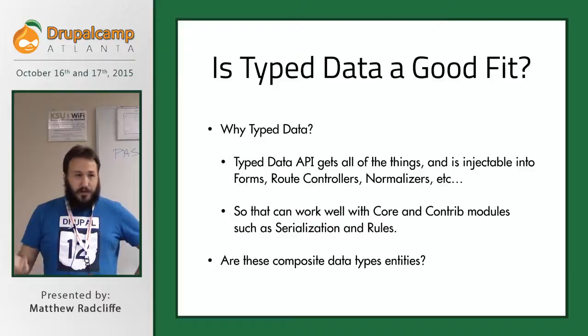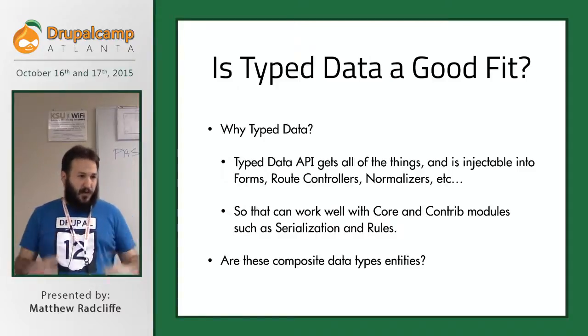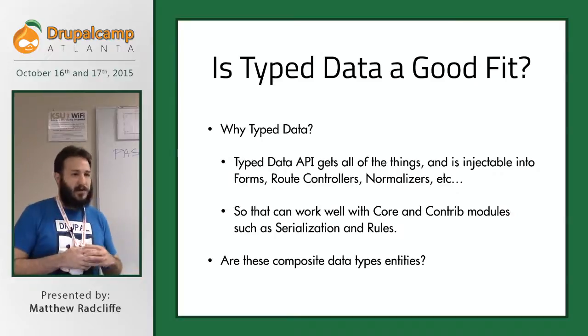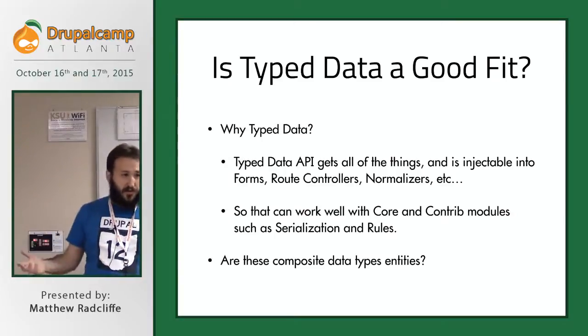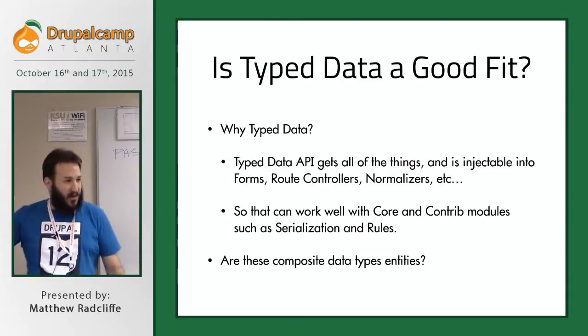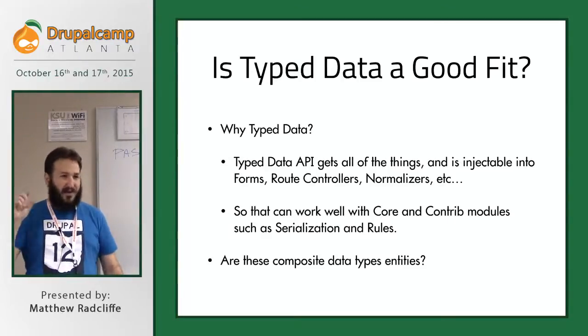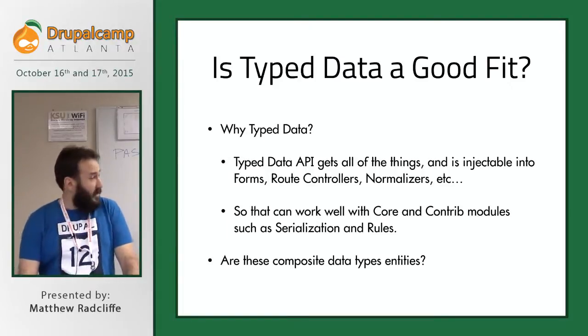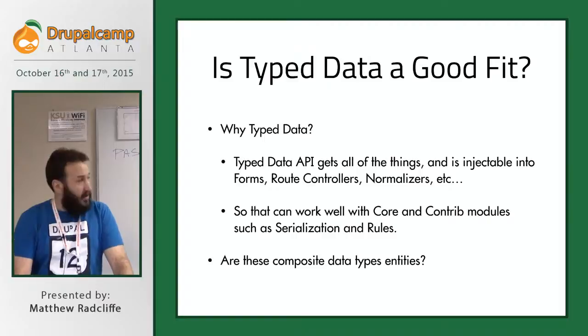So it's pretty much a good fit. I mean, since it's very low level, it's going to work well with core and contrib modules that are in Drupal 8, such as serialization and rules. I found a little bit of code in rules where it uses type data. It's like one line. It's like, bam, you get type data support. So that's kind of why I thought it was a good fit.